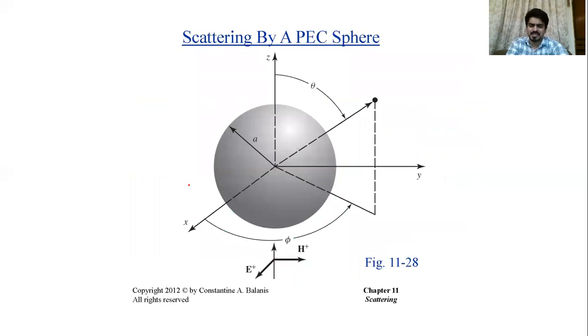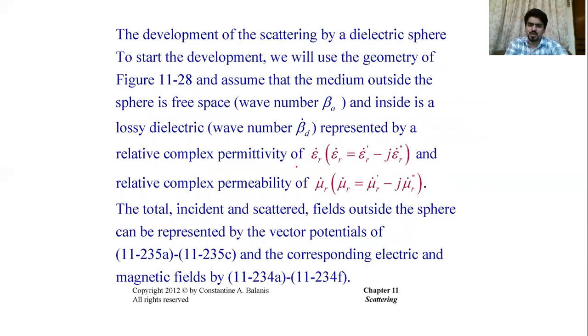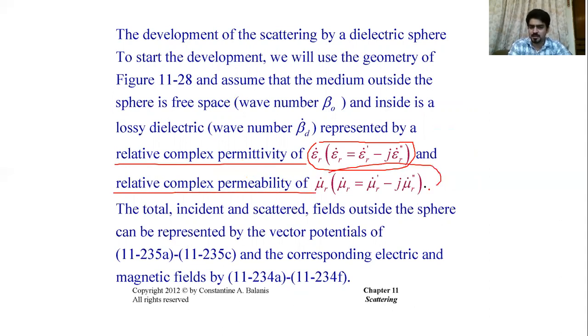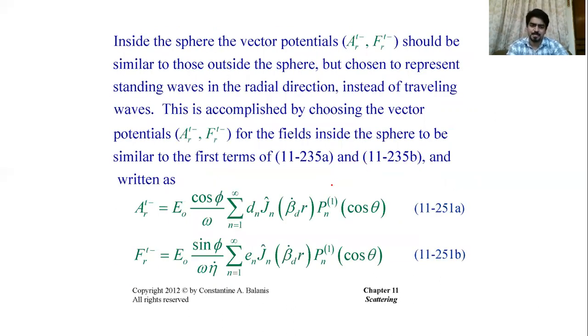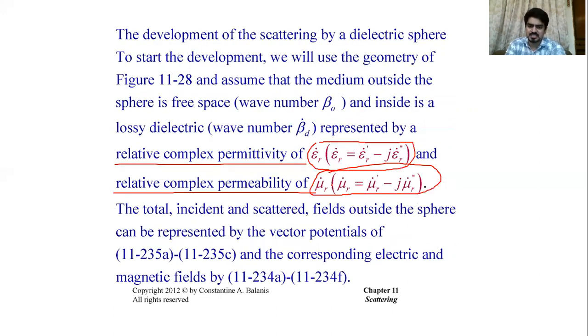So when we apply that, this is our geometry, right? Inside the material we'll use a complex permittivity and complex permeability to represent also some losses, to generalize that expression. Inside this sphere, we will have additional vector potentials, something similar to what we had for the exterior.